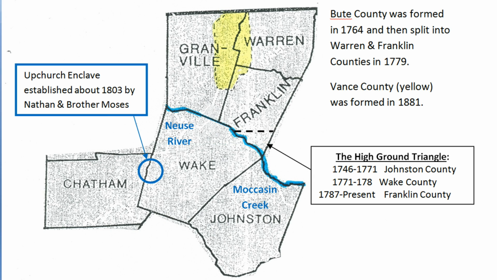I want to set it aside because it's not relevant to the things we talk about today in the Revolutionary period and the early 1800s. But if you're looking at a current day map, you'll see Vance County, and you might wonder how it fits into the picture. And the story is, for us today, not at all.